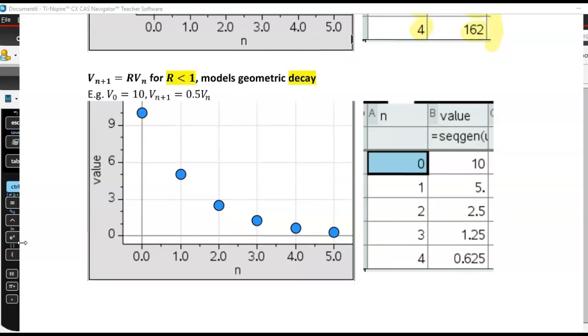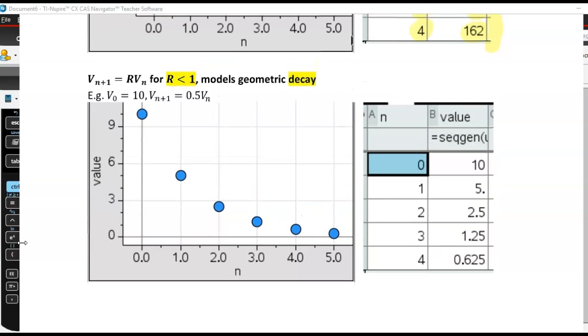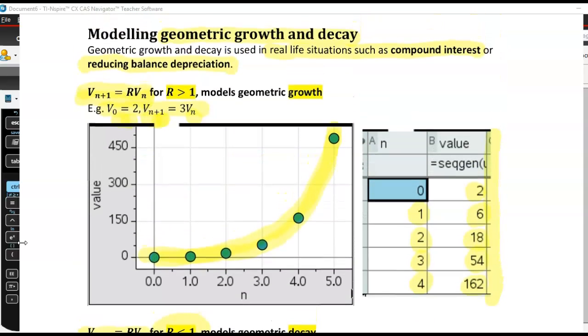Okay, so we've got a similar model for our decay as well. It's going down by different amounts each day, or each n. So Vn plus 1 equals R Vn, but this is when R is less than 1. Up here, for increasing, I had R being greater than 1.